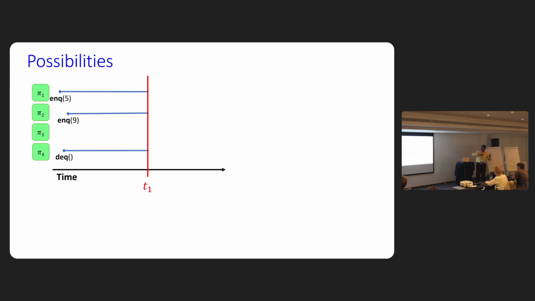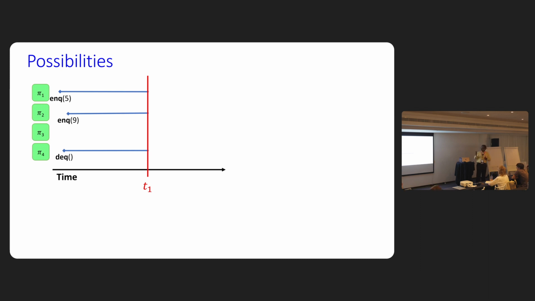For instance, take process pi1. Pi1 has an ongoing operation. Has that ongoing operation linearized before time t1? Well, isn't it possible that that operation has already linearized? That's a possibility. Isn't it possible that that operation has not linearized, has not taken effect yet? That is also a possibility.